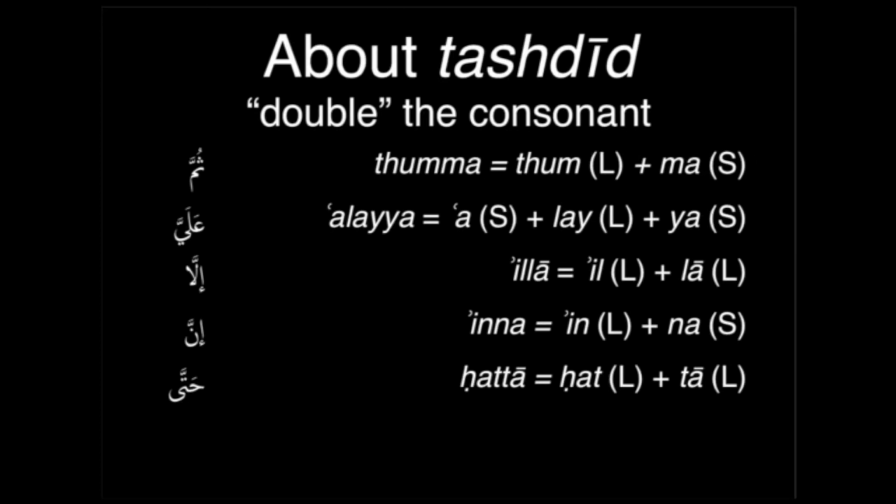There's another example like alayya, which is three syllables. The first syllable being a, then lay, then ya. Illa is two long syllables. The first is il plus la. Same thing, inna is long and short. And hatta is long plus long.